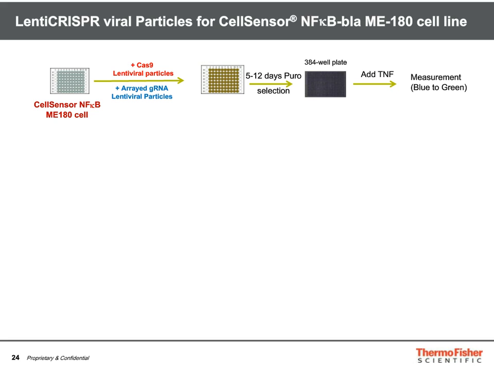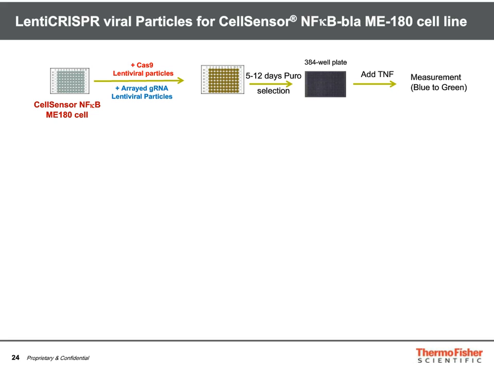NF-kappa B is a signaling pathway responsive promoter. So the assay basically looks like this: we transduce the cell line with both a Cas9 lentiviral particle along with our arrayed guide RNA lentiviral particles. So it's a two-particle system.